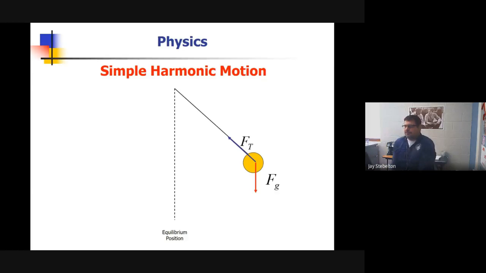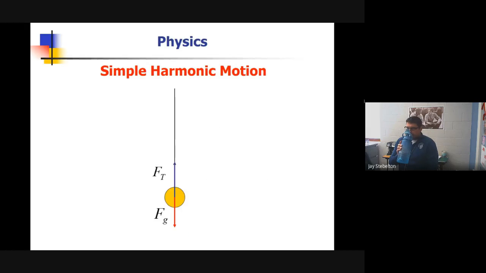And since they're at angles, I now have a net force back towards the center. It swings back towards the center, where the tension and the weight are equal to each other. I'm at equilibrium, but I'm in motion, and objects in motion remain in motion, so I have inertia.